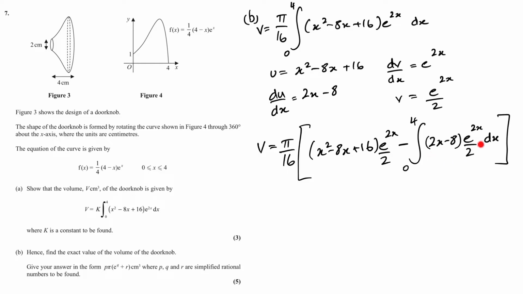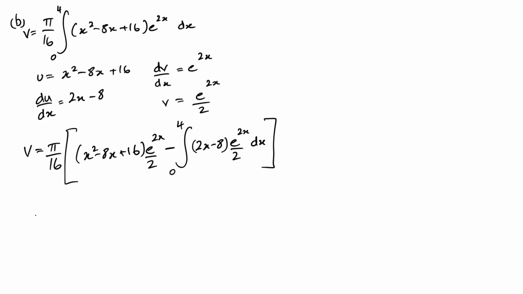And if you look in here, again, we've got a product, so we're going to have to integrate by parts a second time. So I'm just going to make a little bit more room on my page. So we still have our pi by 16. We still have this (x squared minus 8x plus 16) e to the 2x over 2 minus, now I'm going to have another set of brackets as I'm going to have to integrate this.